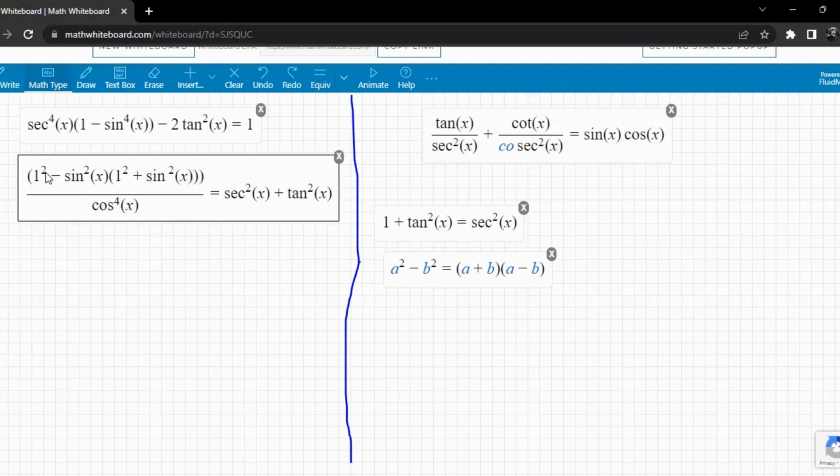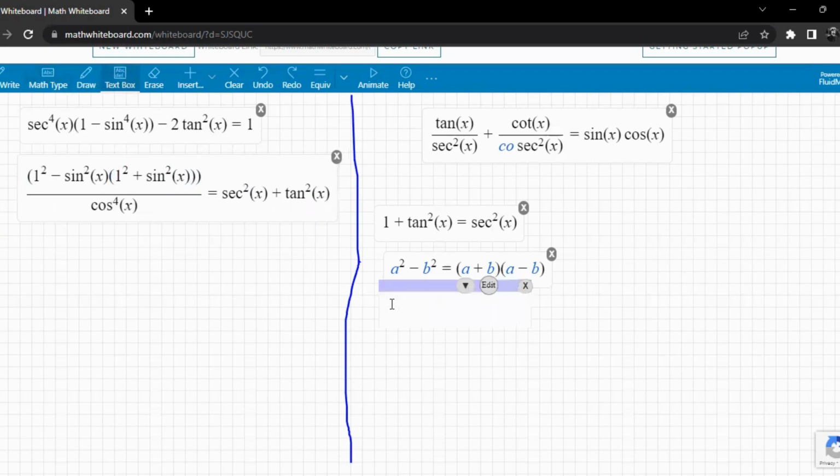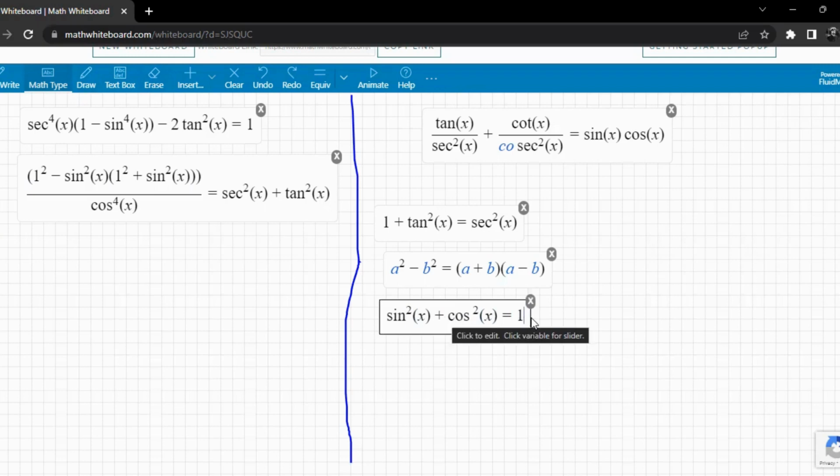Yeah, and again we can use the identity sine square x plus cos square x equals 1. If you transpose a bit, you can write this as cos square x equals 1 minus sine square x.